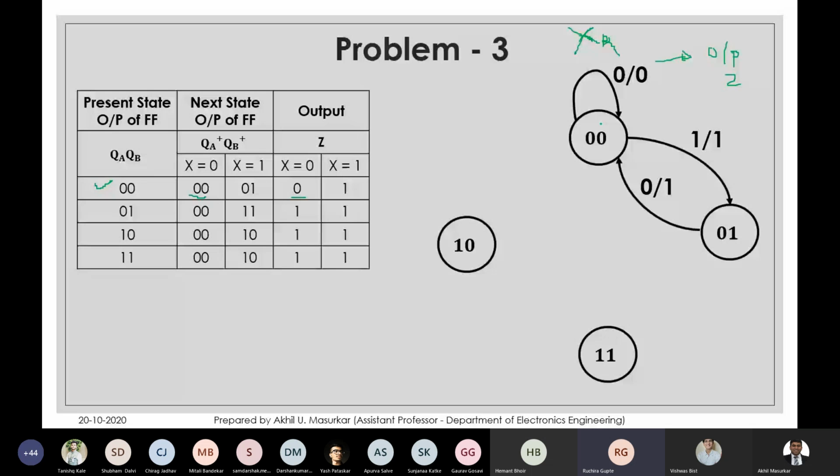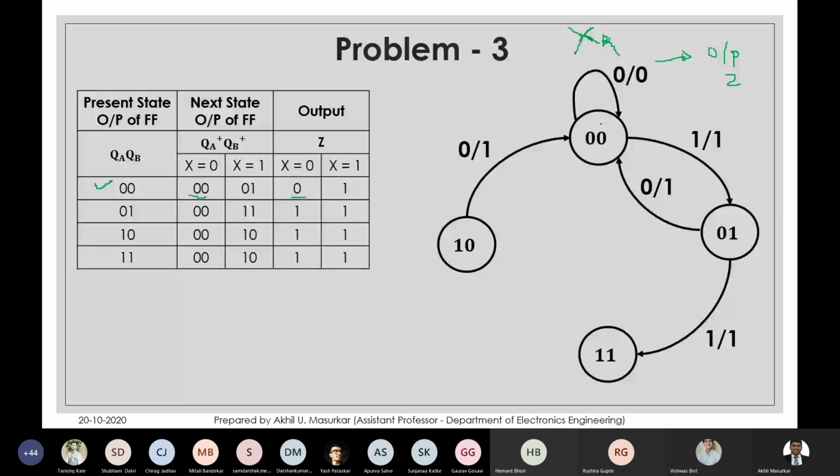When present state is 0, 1, then at x equal to 0, next state will be 0, 0, and output will be 1.